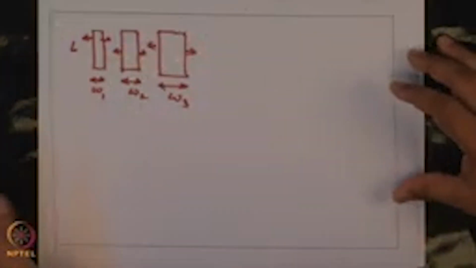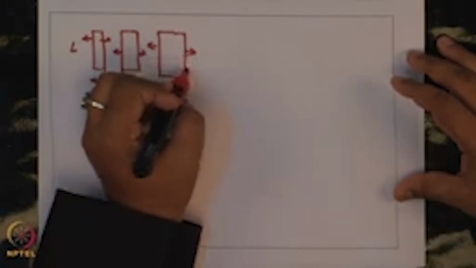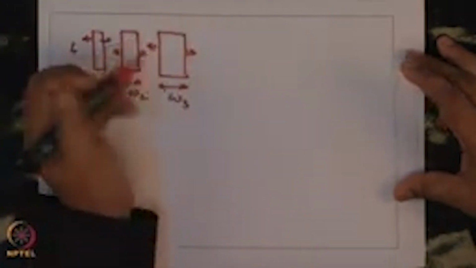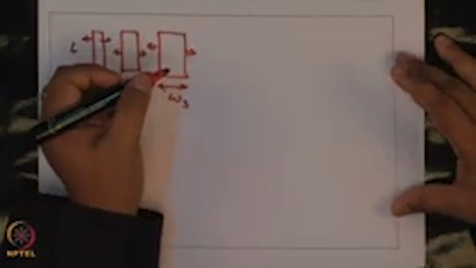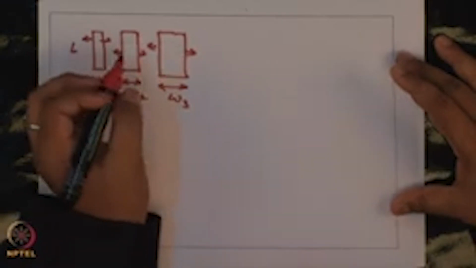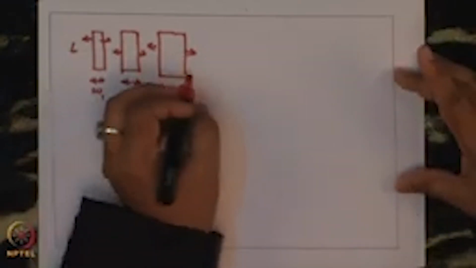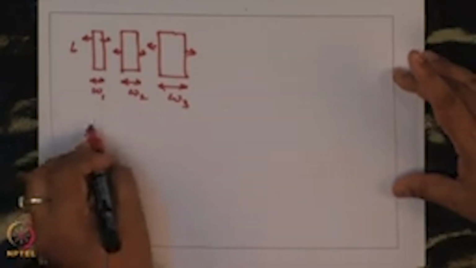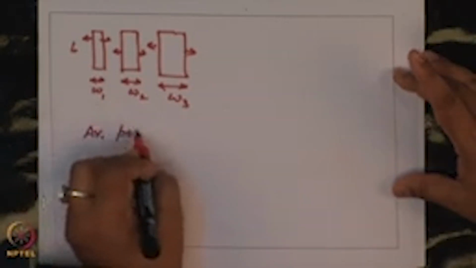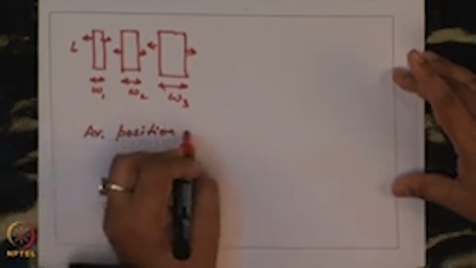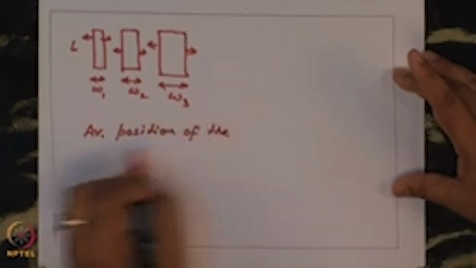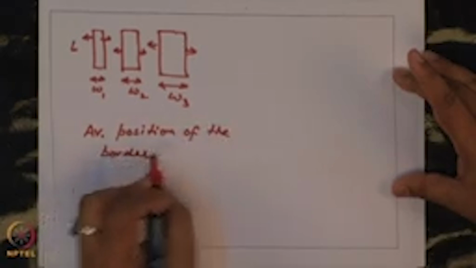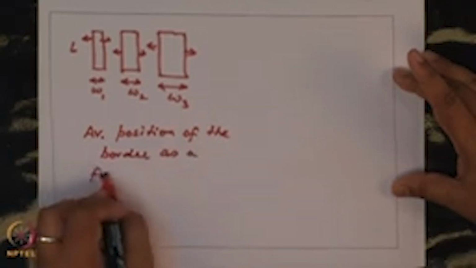So, what they tracked was essentially for each edge which moved outward, the average distance moved, or average position of the border. So, you have the border, you track the average position of the border as a function of time.